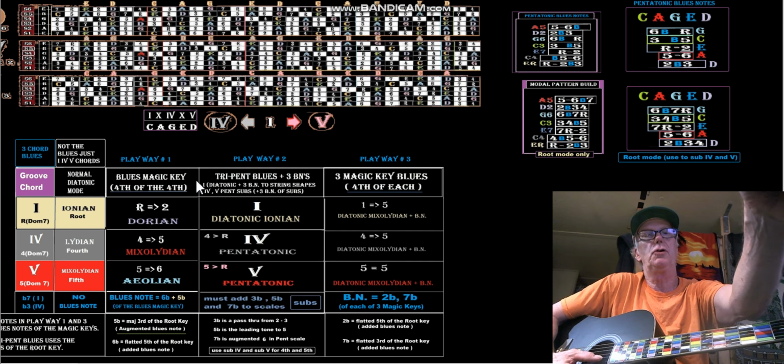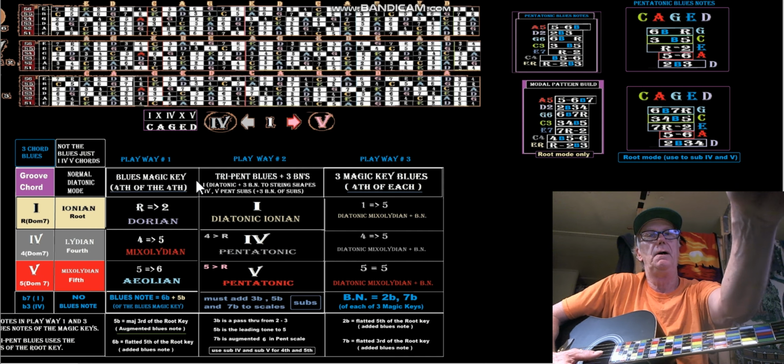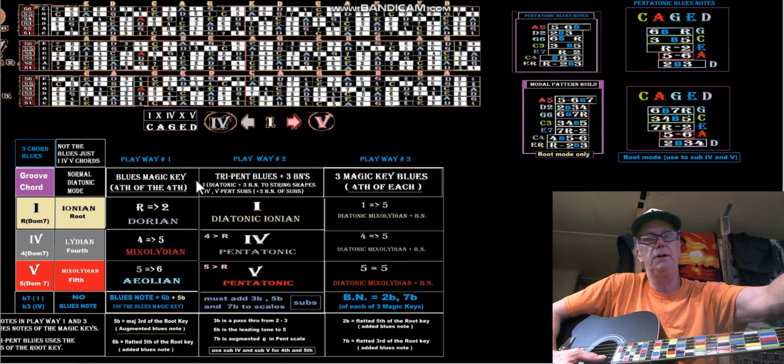Now put a little bit of chord quality to that. See, you get a little chord difference.